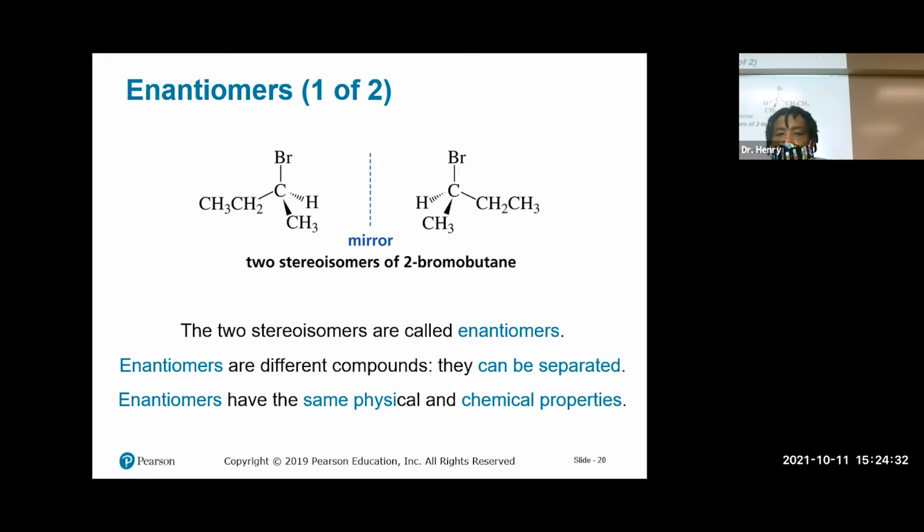I'm sorry, butane, not butanol, butane. 2-bromobutane. So if you take a look at it, these guys are mirror images of each other. Right? So if we put them on top of each other, they're going to be different. Right? Okay. So these guys are called enantiomers.